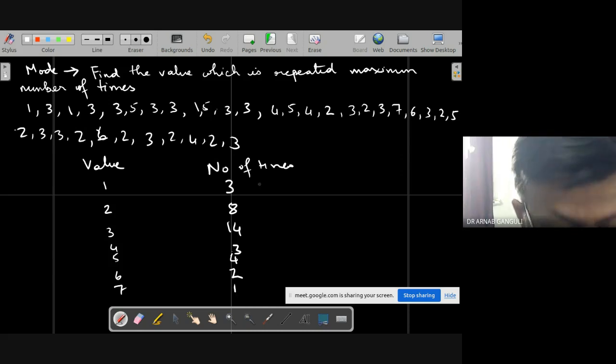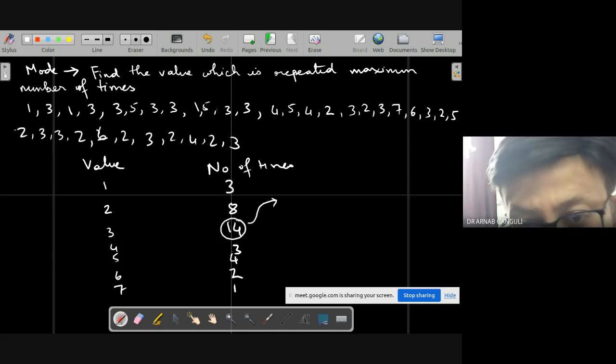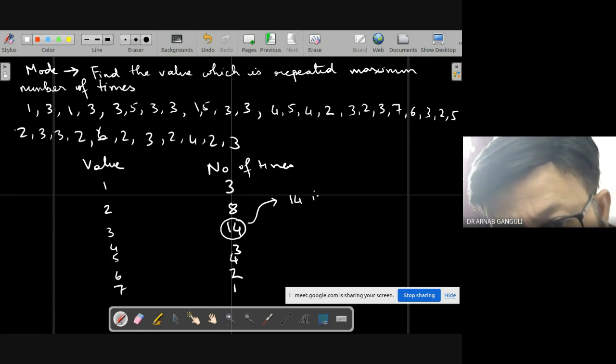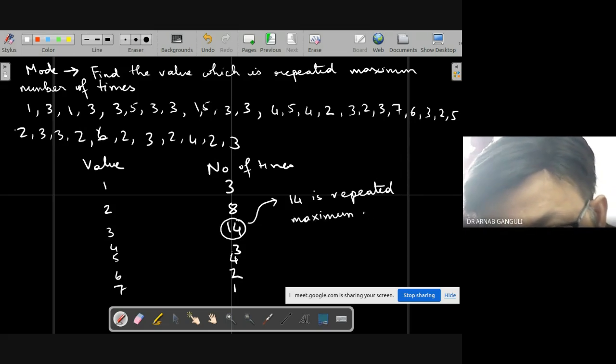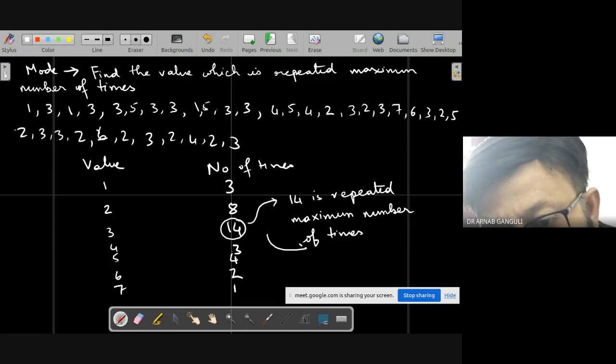So from this data, 3 is repeated the maximum number of times, 14. So this is the mode.